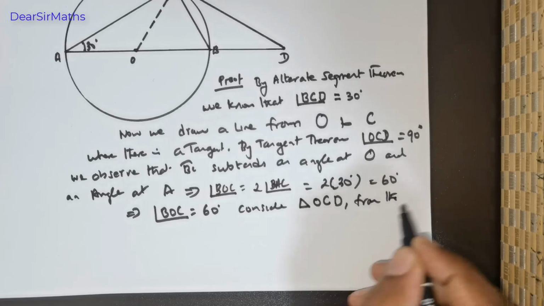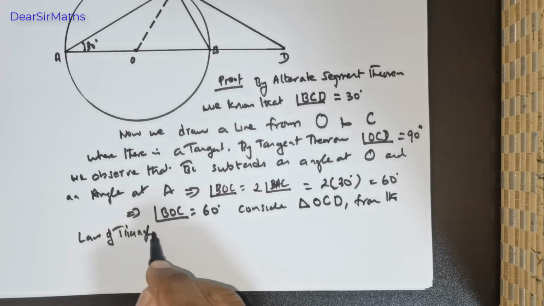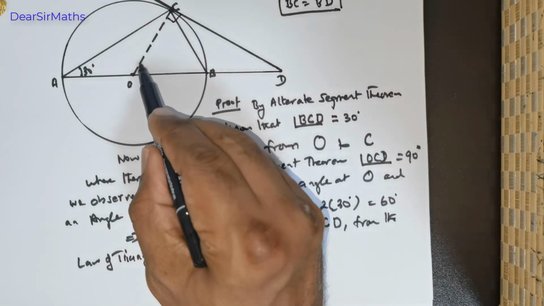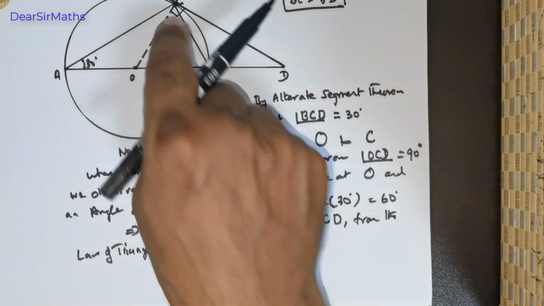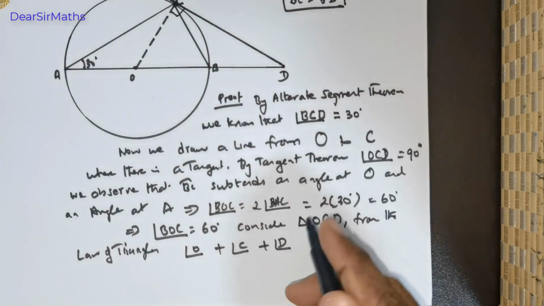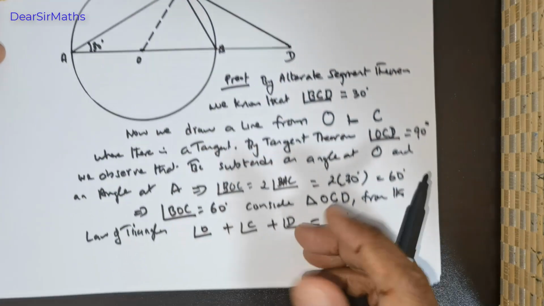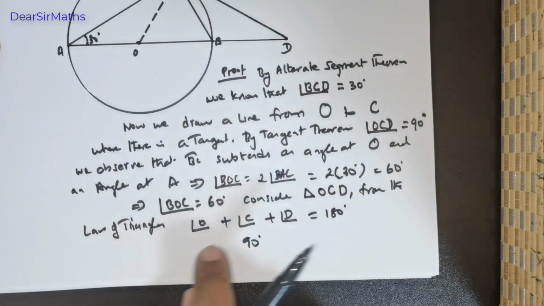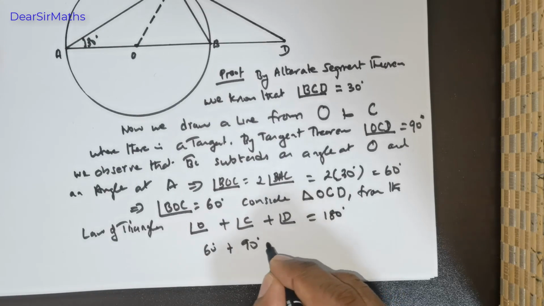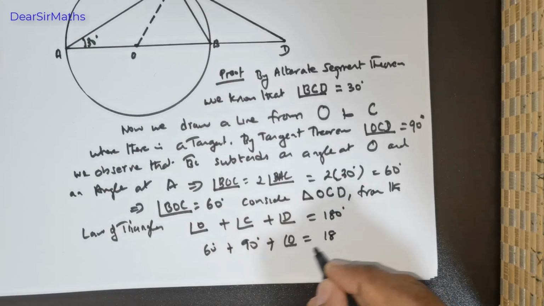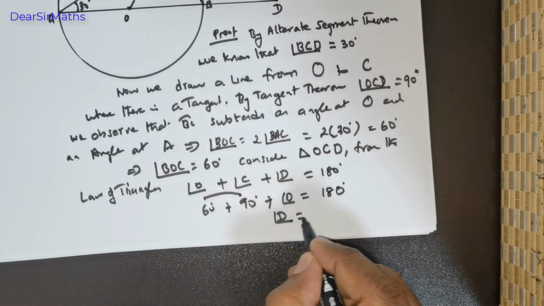From the angle sum property of triangles, what do we know? Angle at O plus angle at C plus angle at D should be equal to 180 degrees. Angle at C is 90 degrees. Angle at O, just now we got it, BOC, angle at O is 60 degrees. So angle at D, we need to find out. So 90 and 60, 150.